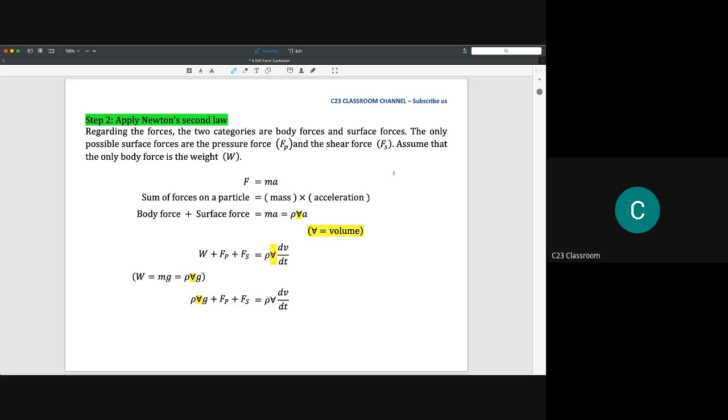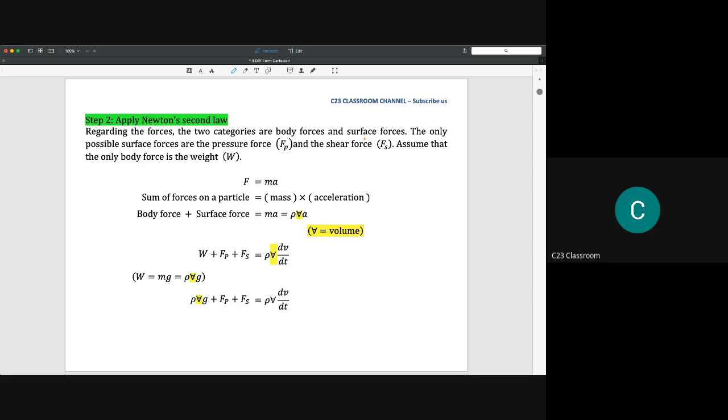Okay. Because of the existence of a surface, as you know, when fluid flows it will create pressure. When the pressure exists, at the same time you have a surface, so pressure times area will create a force. Then if you have fluid, for sure you have shear stress.